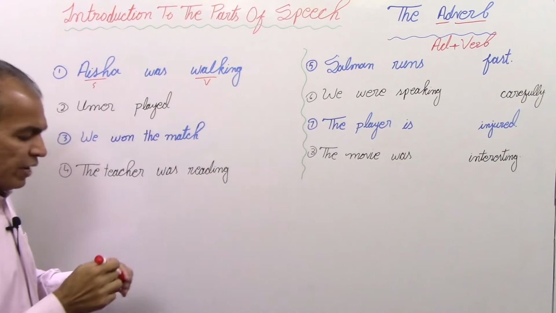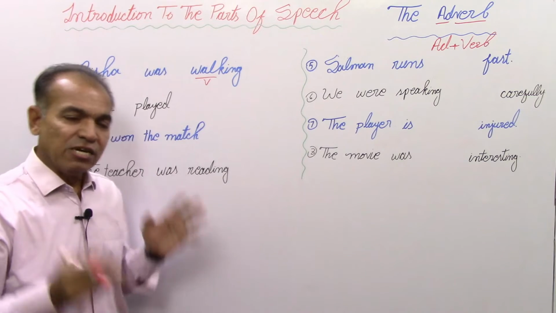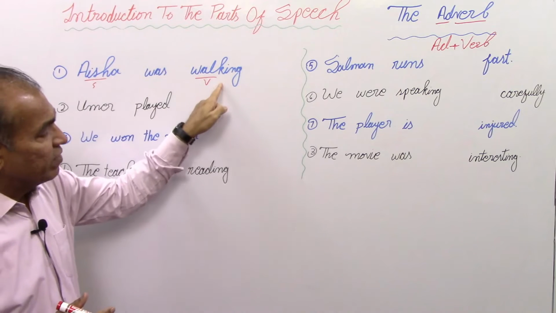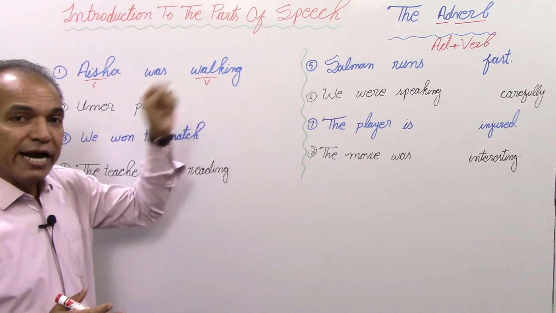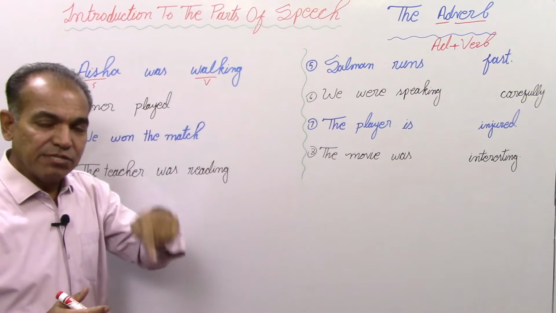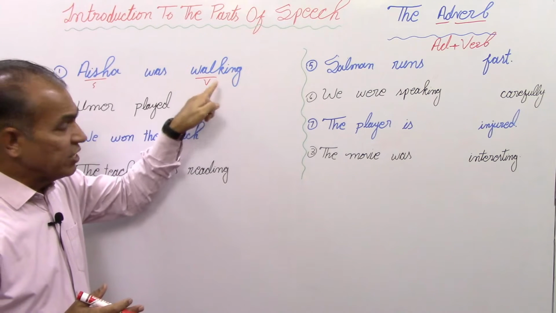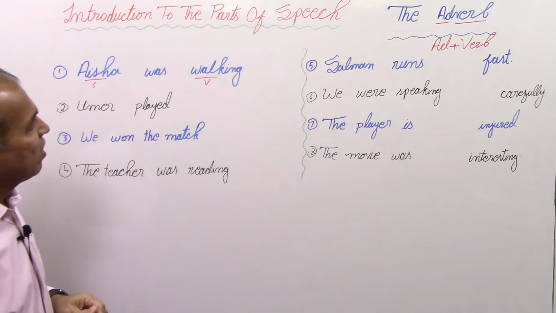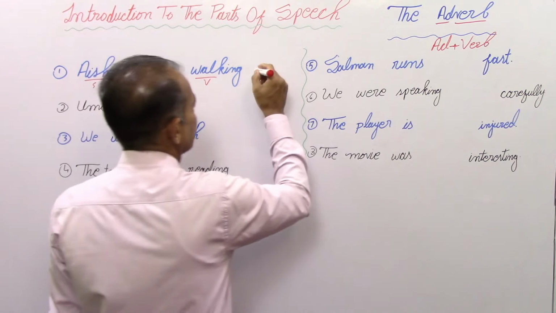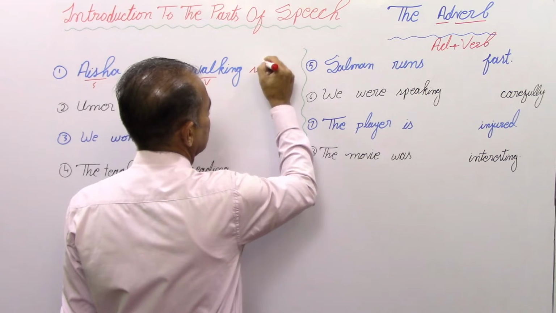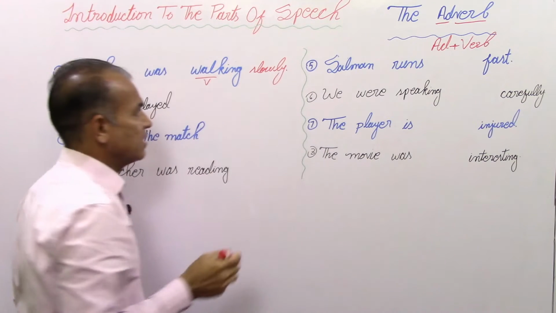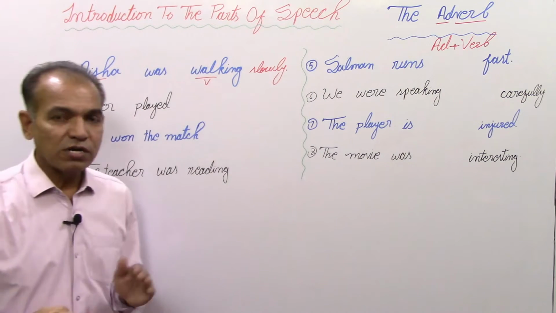Now if you don't want to add anything to this sentence, the sentence is already complete. But if you want to add something to the meaning of this verb, then the word which will add something to the meaning of this verb will be called adverb. How? For example, I say Aisha was walking slowly.